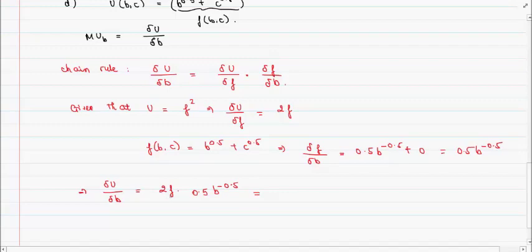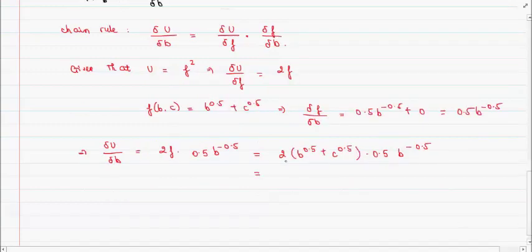Knowing the function f, we just substitute it back into here. So f is just b^0.5 plus c^0.5, times 0.5 b to the negative 0.5. If you simplify this, 2 multiplied by a half will give you 1.